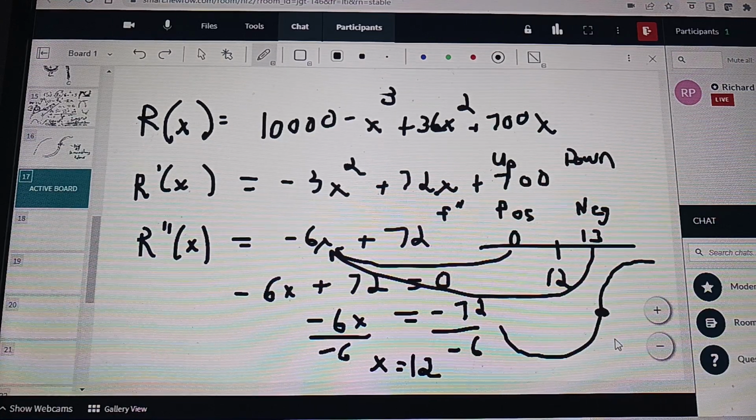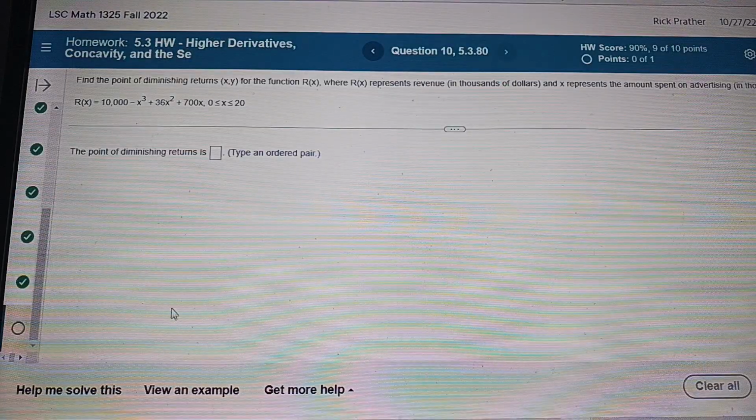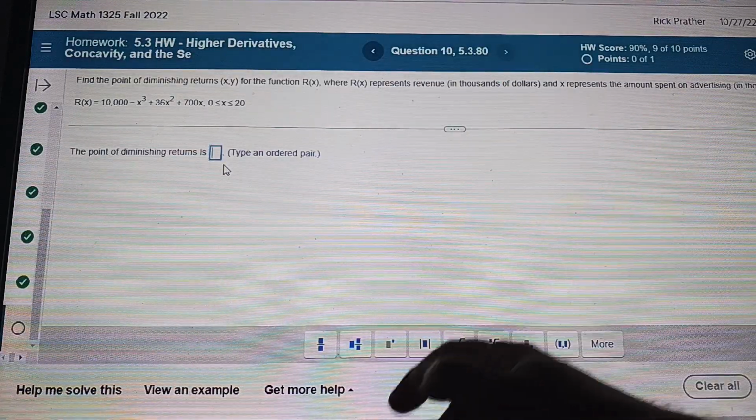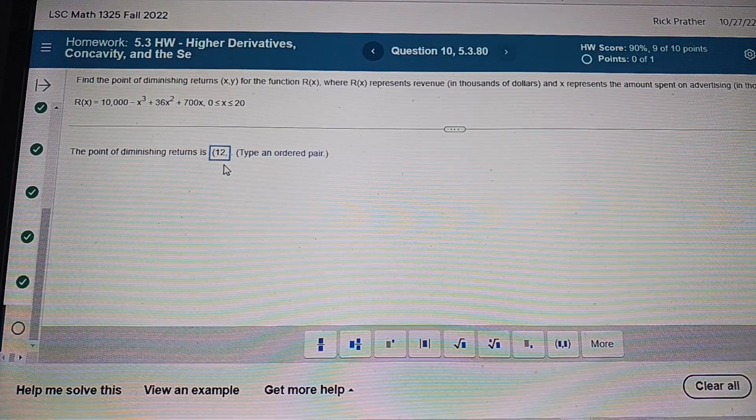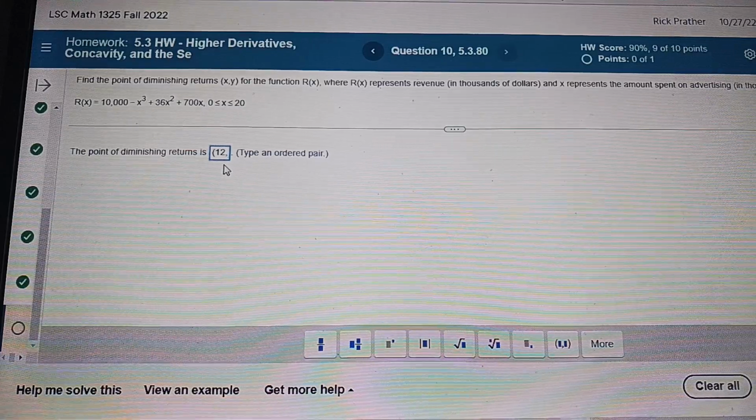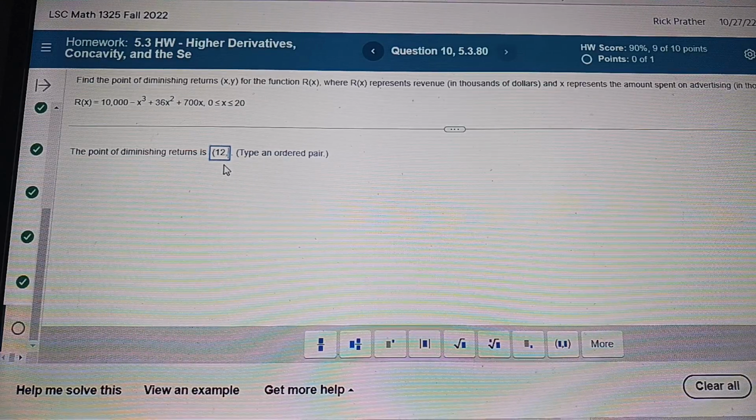They're kind of like a critical number, but we just don't have that name. So yes, $12,000 or 12x, because x's are in thousands, that should be the location where the diminishing returns hits. So we would ideally want to spend $12,000 on advertising, and then we could save the other $8,000 for something else.